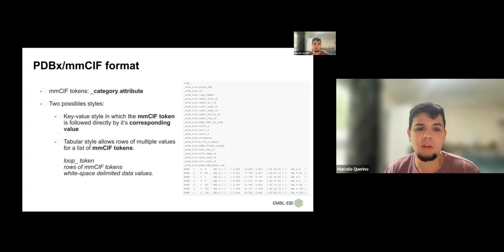But we can also have a tabular style that allows rows of multiple values. First you set a list of mmCIF tokens, followed by lines which contain data values. They are white space delimited, so there are no limits on the number of columns. This makes the format quite scalable and extensible.